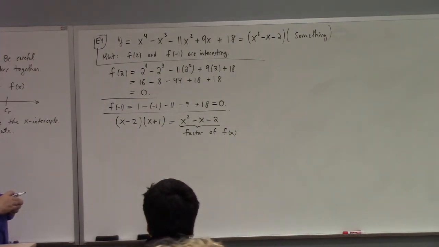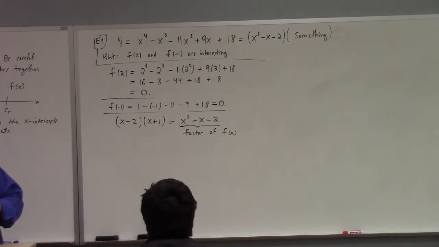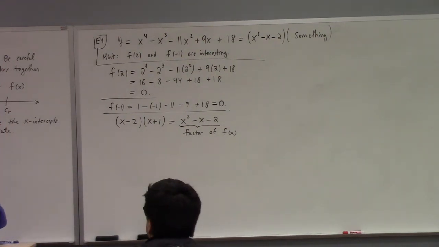You could start poking at it and figure out some things, like it's got to have an x squared in it, and it's probably got to end with a minus 9, because you got that 18 there. You could do those things, but there's a better way. A way without thinking.